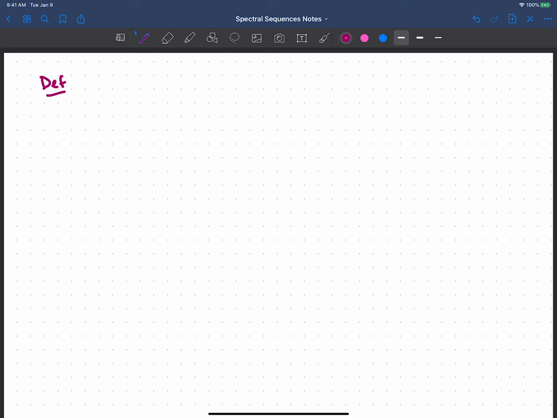And part of the reason is that often these come with extra structure. So let me say this sequence of bigraded R modules, our spectral sequence, or I could even say that it's a trigraded R module if you like, that this is really a spectral sequence of algebras sometimes.